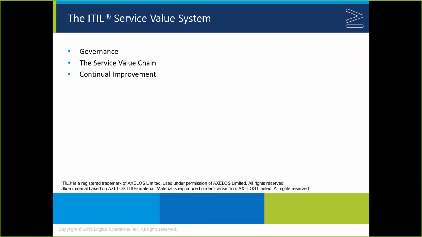So we've combined these three parts of the service value system in this structure here. In this particular chapter, you're going to introduce more governance. You're going to talk about the service value chain and the chain activities. And this is really where we go into continual improvement and start introducing the continual improvement model and how those various pieces work.